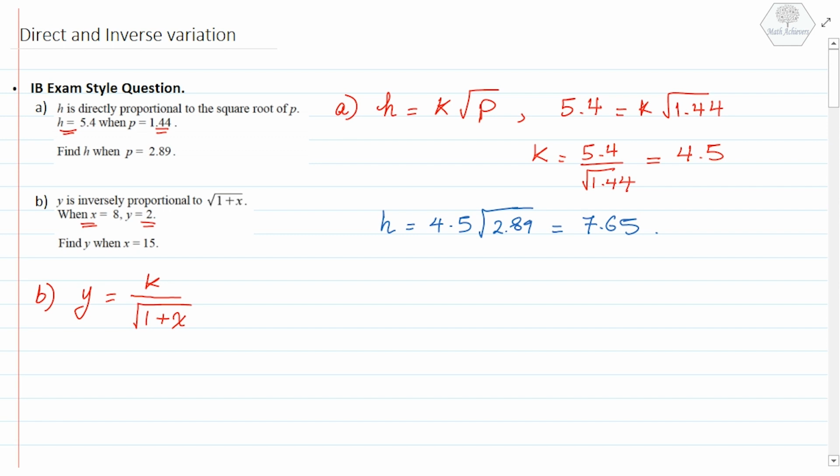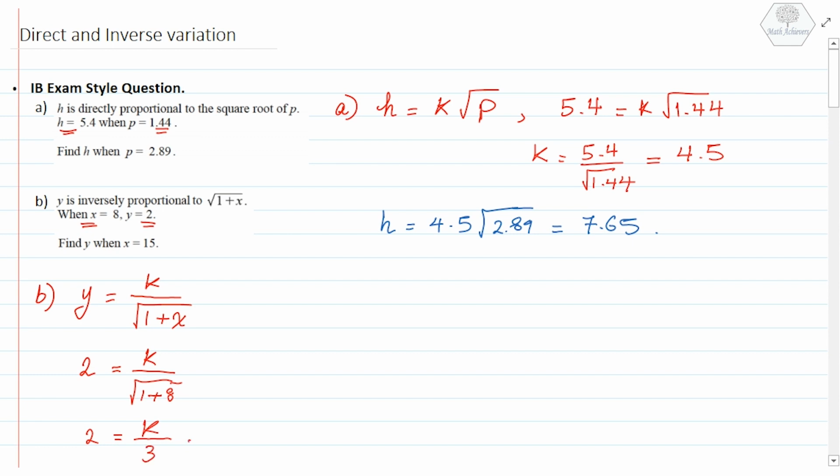So when y is equal to 2, I have x to be equal to 8, so it's K over the square root of 1 plus 8. So now I have 2 is equal to K divided by the square root of 1 plus 8, which is the square root of 9, which is 3.